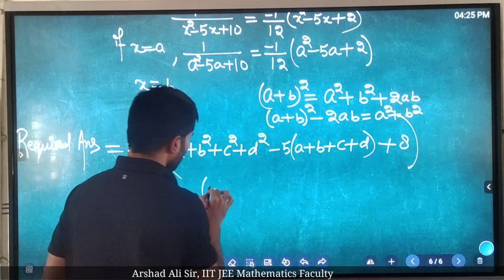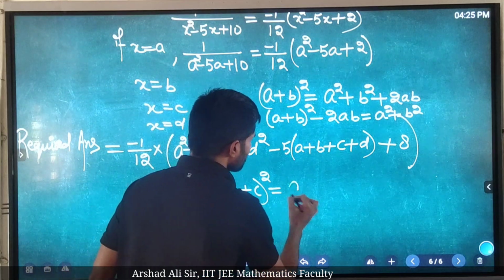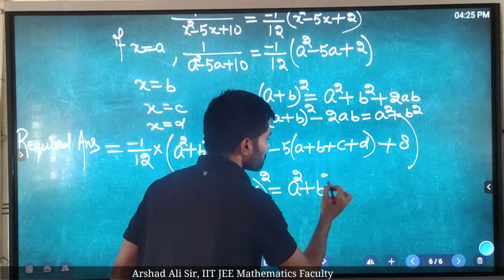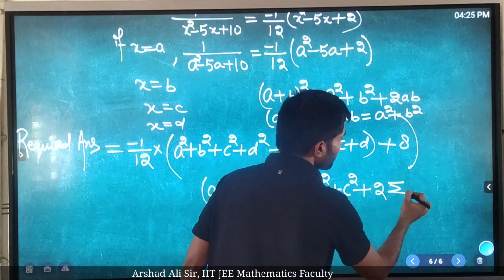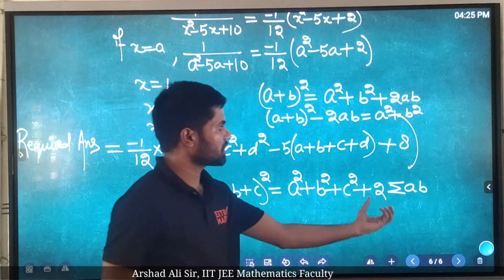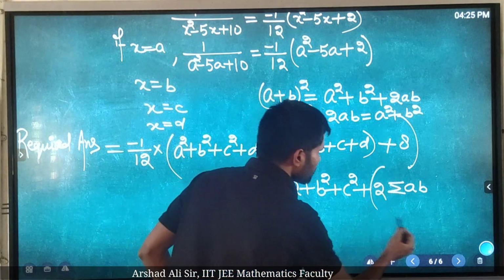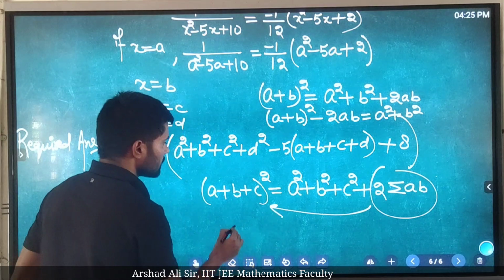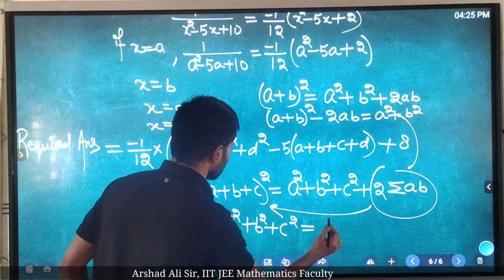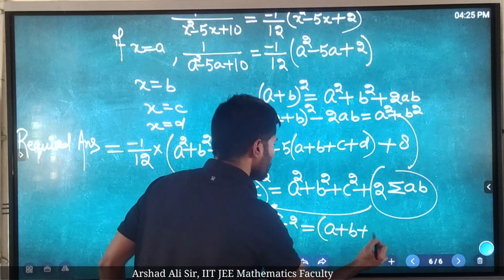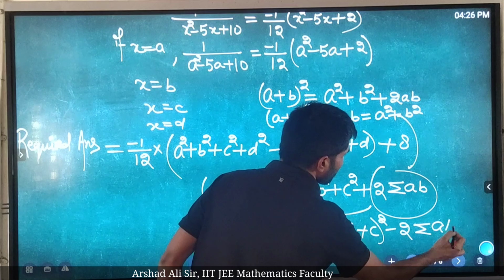Similarly, a plus b plus c whole square is a square plus b square plus c square plus 2 times summation ab. Summation ab means ab plus bc plus ca. So a square plus b square plus c square is equal to a plus b plus c whole square minus 2 times summation ab.